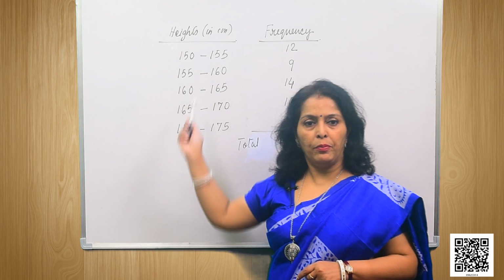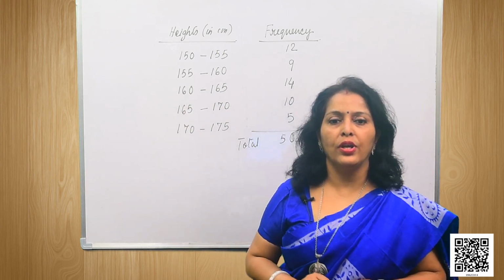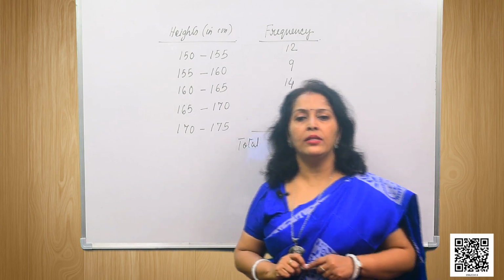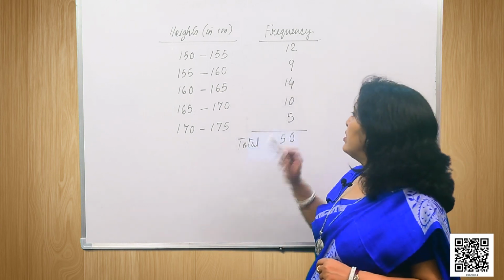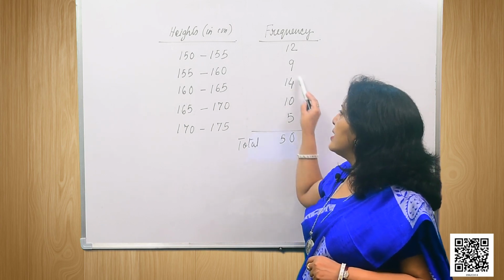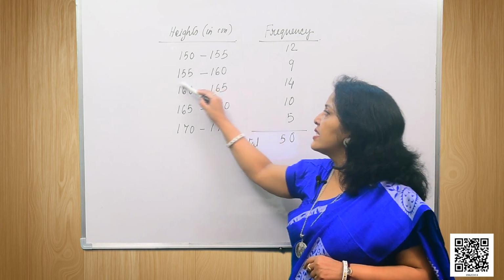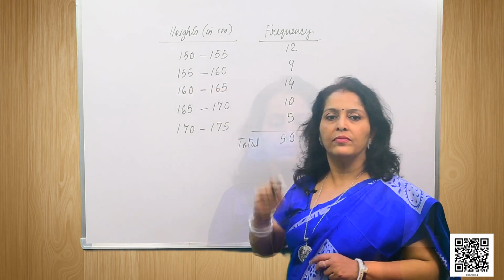So this is your bit number 1. Second bit they are asking what can you conclude about their heights from the table. So we can come to the conclusion that 14 is the highest number of children in this class, they are of height 160 to 165.